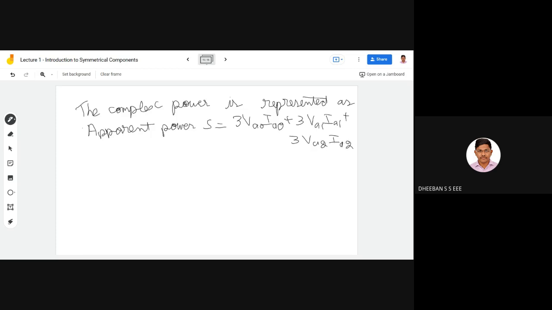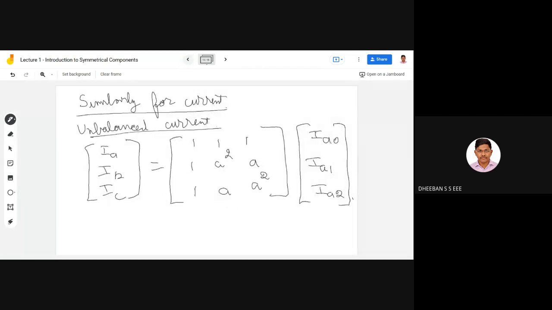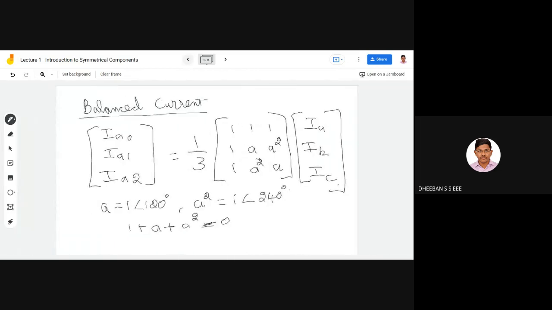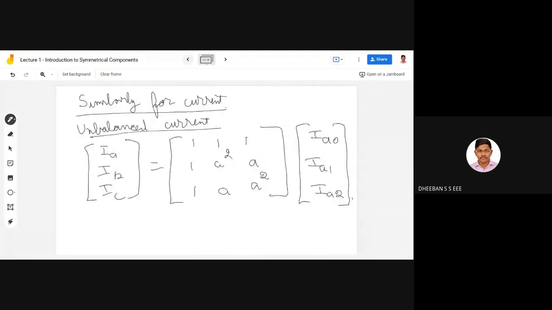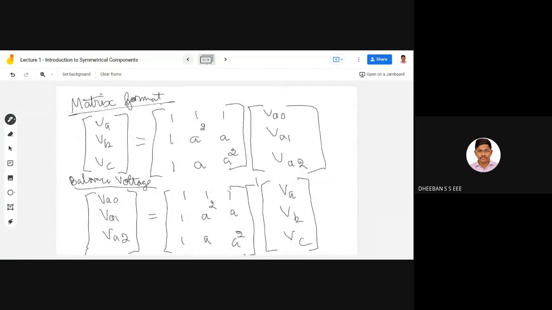I hope you are able to understand this regarding the symmetrical component conversion. This is a very important part regarding the A operator. You have to know how to convert from your balanced system to your unbalanced system using the A operator.